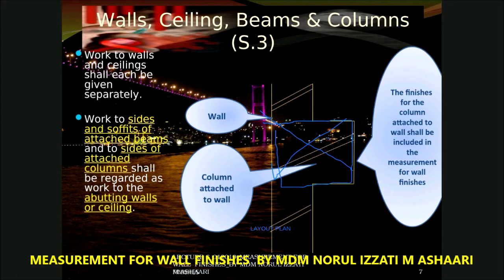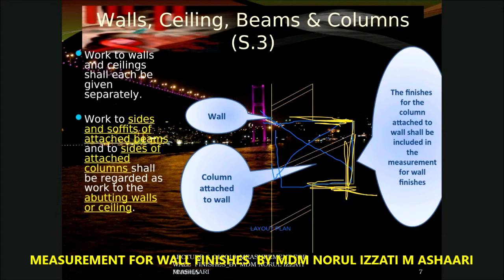If I change to the other color, what happened to these surfaces? 1, 2, 3. You have to measure this one under which category? Column finishes or wall finishes? Definitely it is wall finishes. The finishes for this column shall be included in the measurement of wall finishes. Either this one is attached internally or externally, you have to measure under wall finishes.